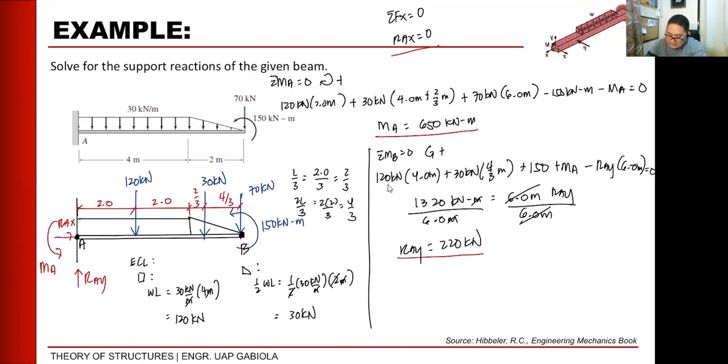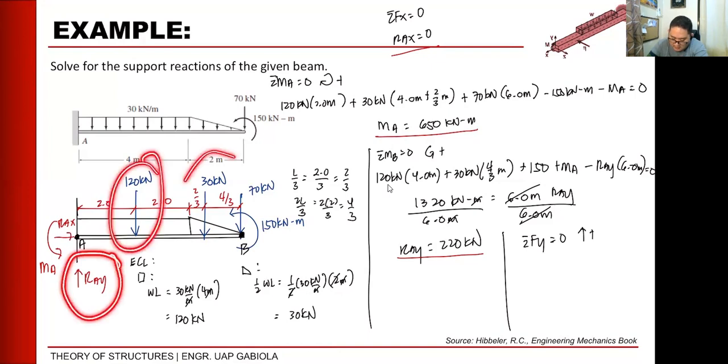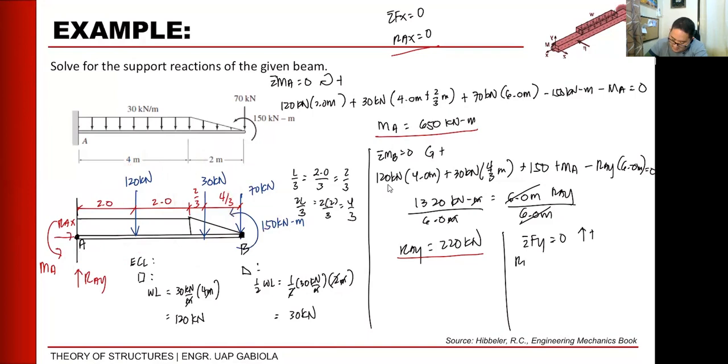Okay? So, to finalize, we have to check with the last equilibrium equation. So, taking upward as positive. So, vertical reaction natin is RAY, 120, 30, tsaka 70. So, we have RAY minus 120 minus 30 minus 70 is equals to 0. So, 220 minus 120 minus 30 minus 70 is equals to 0.